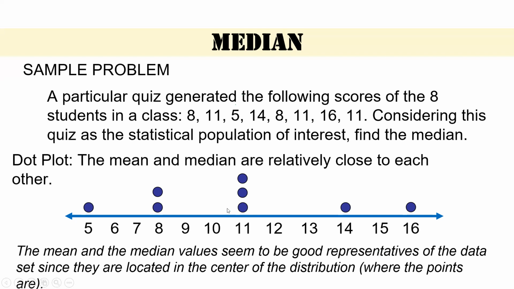They are also near each other. If the mean is far from the median, then most likely one of them is not a good measure of central tendency. But if they are near each other, they are good estimates of your data set.